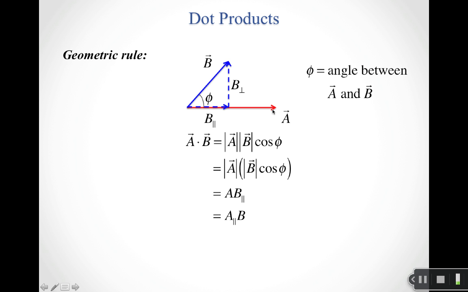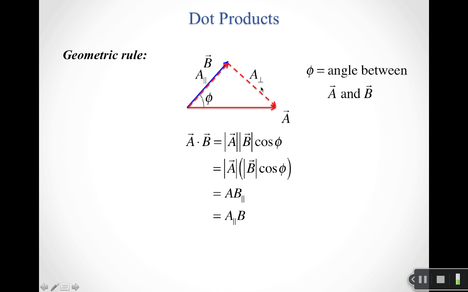So one way to think about the dot product is it's the magnitude of vector A times the component of vector B that lies along the same line as vector A. Or I can switch this around, right? I could put the cosine phi with the A, and then again, notice what I've got then is a cosine phi would be this parallel component to vector B.